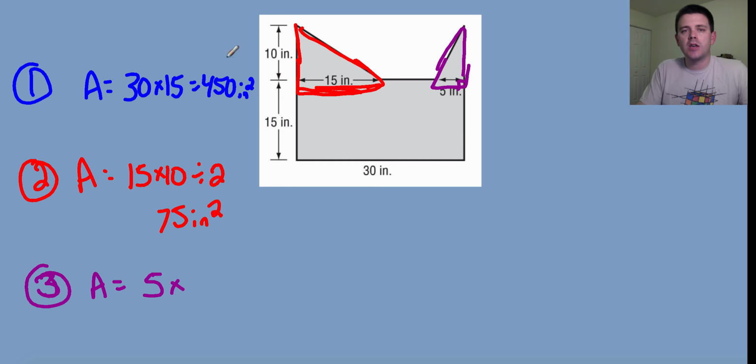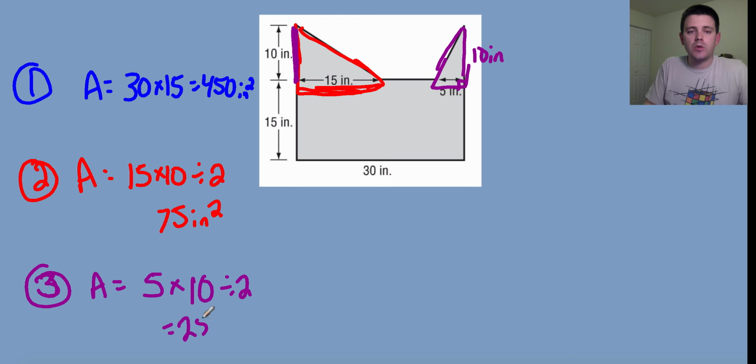Well, this edge here is the same as this edge over here, which means it has a height of 10 inches. So I'm going to multiply by 10. It's a triangle, so don't forget to divide by 2. 5 times 10 is 50. Divided by 2 is 25 inches squared.